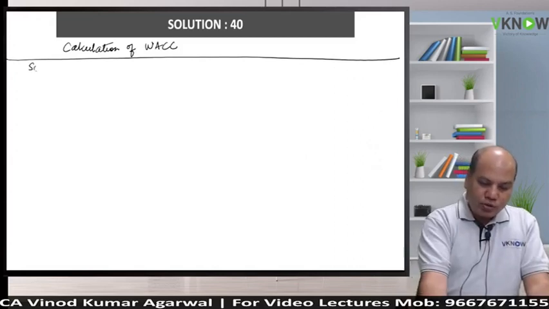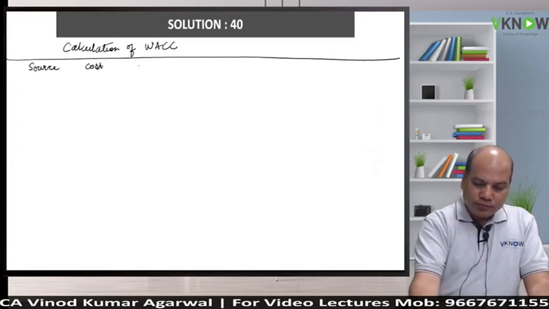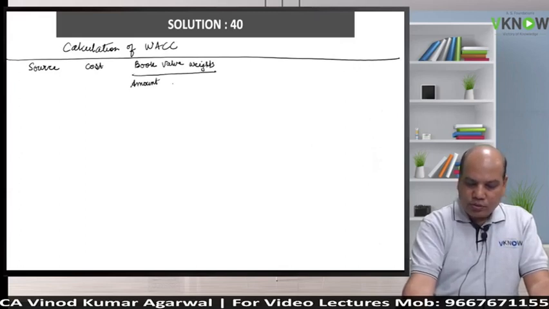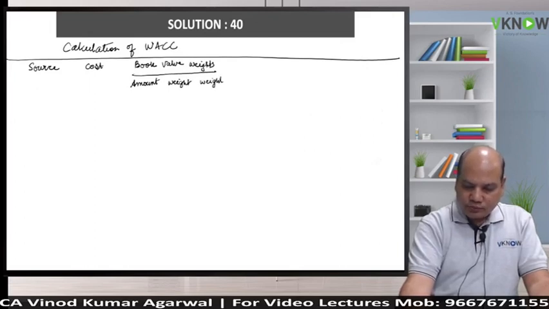First we'll write source, then write cost, then write book value weights. Under that we'll draw 3 columns: amount, weight, weight into cost. It will save time in the exam.